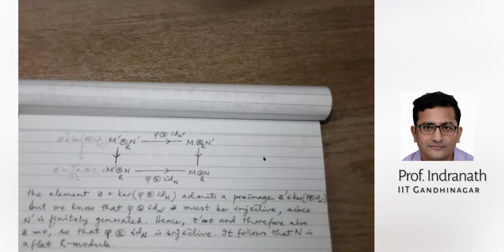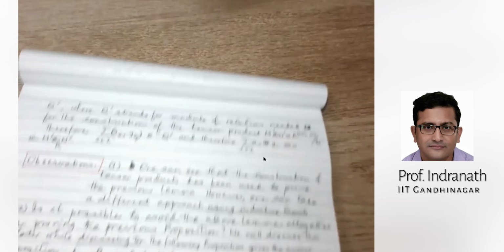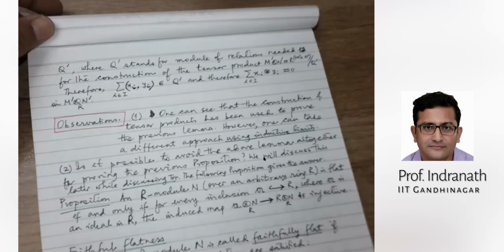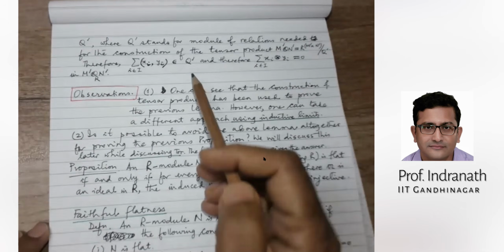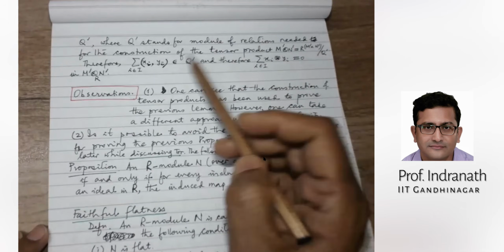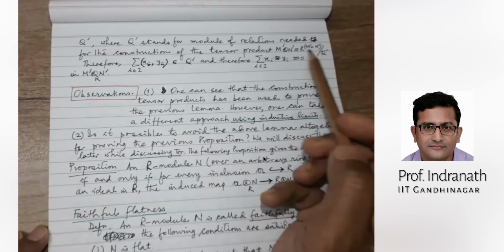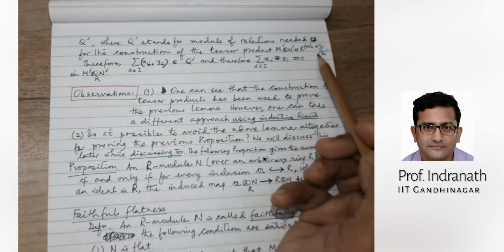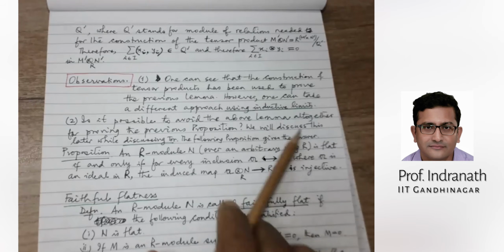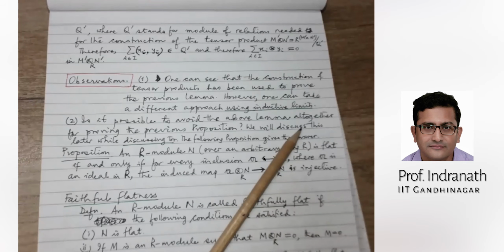And that is what I'm calling Q dash. This Q dash stands for the module of relations needed for the construction of the tensor product. So basically, this is nothing but the tensor product of M dash and N dash. How do you take this Q dash? It is big enough. It takes all the relations which ensure the vanishing of that xi tensor yi.